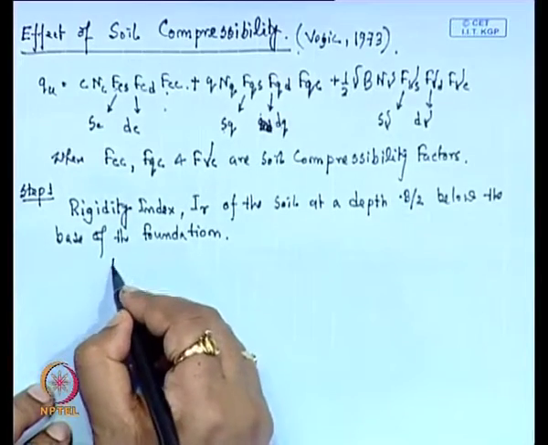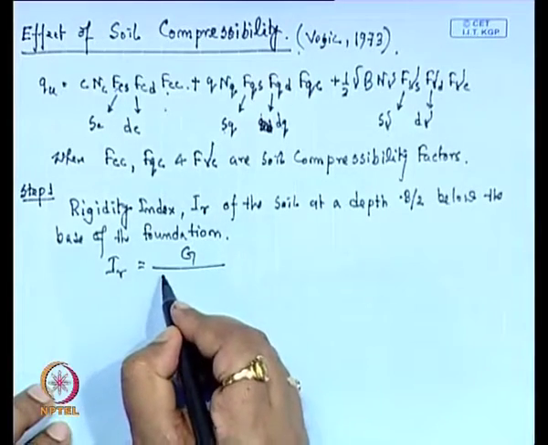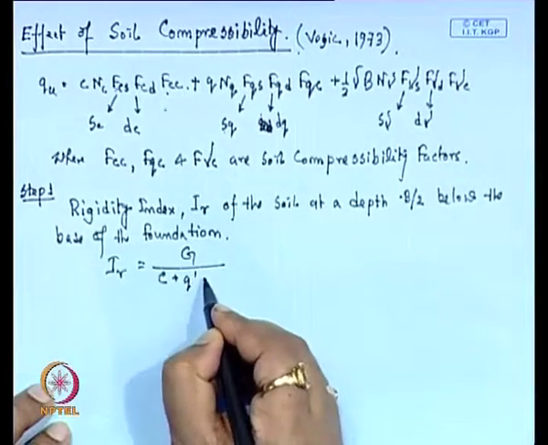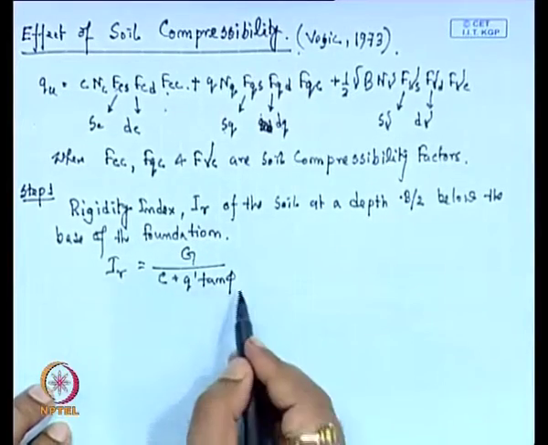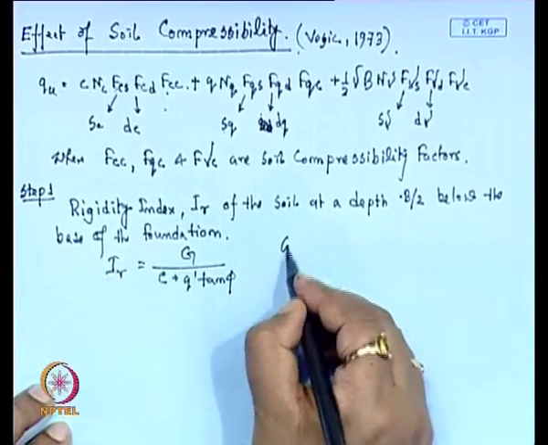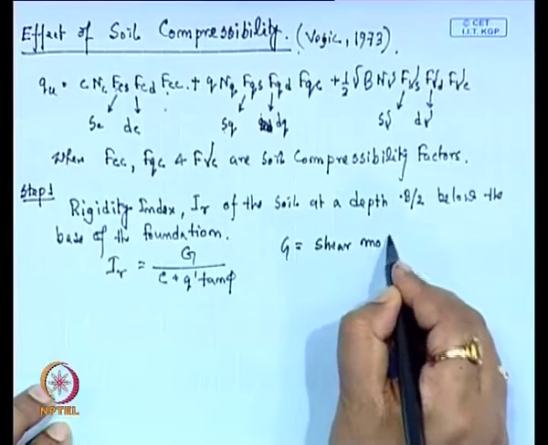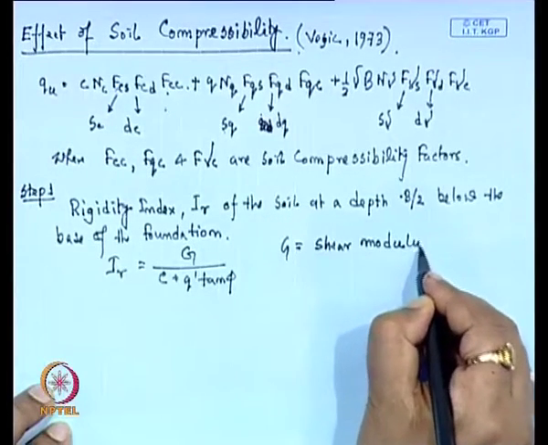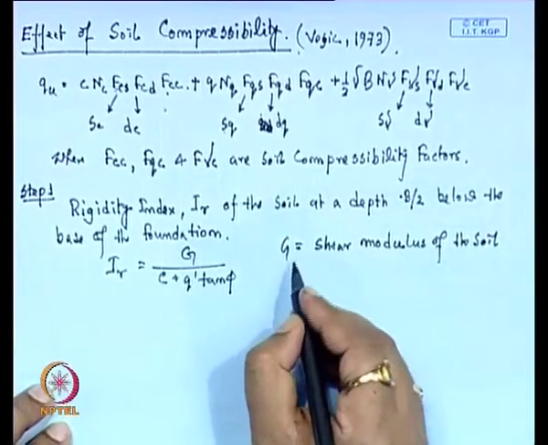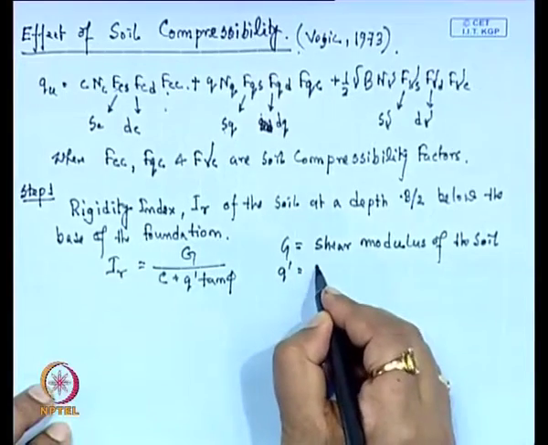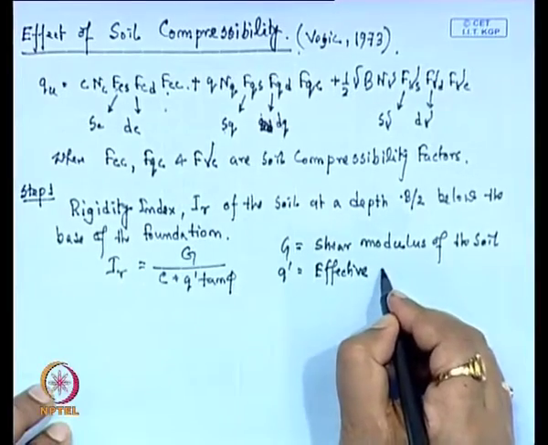Now, this expression of IR is given by G by C plus Q dash tan phi, where C and phi are the cohesion and the friction angle of the soil respectively.